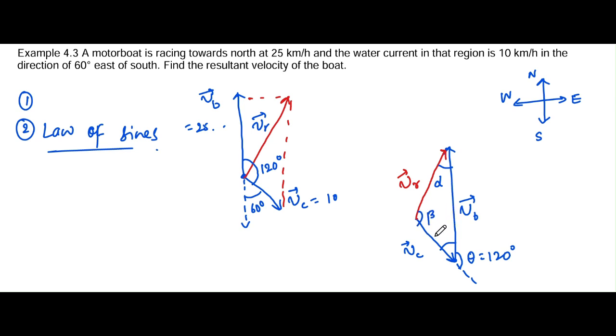That is, the resultant velocity is making an angle beta with the velocity of the water current, and the same resultant velocity is making an angle alpha with the velocity of the boat.